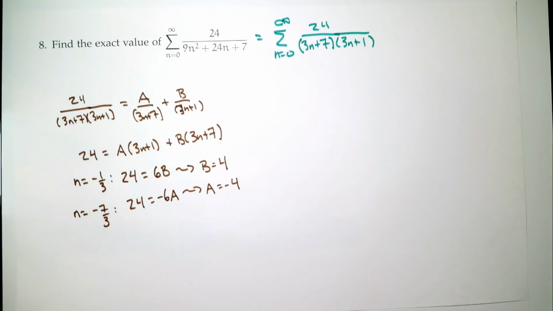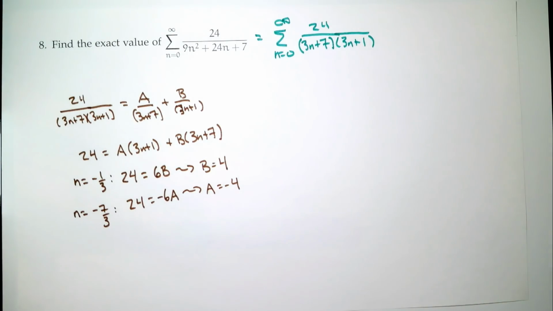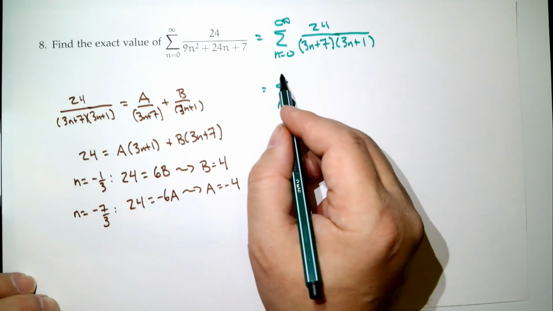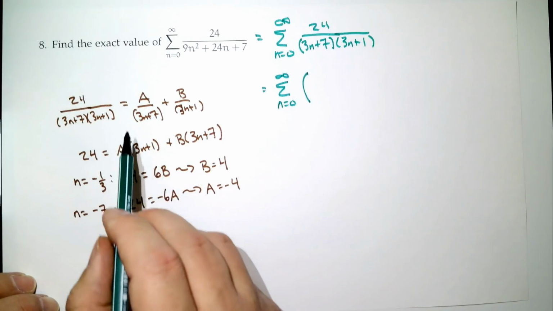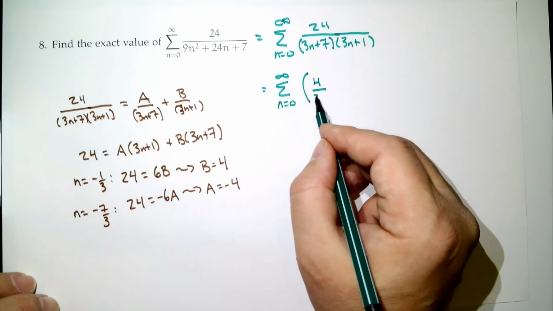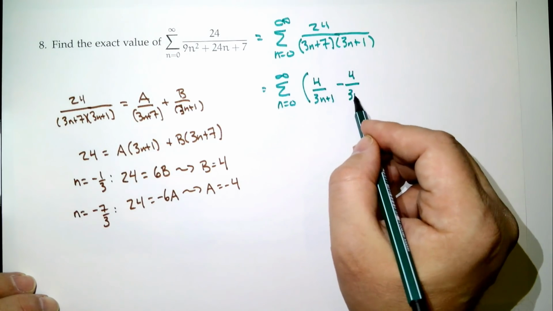All right. So we have then, going back to our sum, switch back to green here. So that says that our sum becomes the sum n equals 0 to infinity of, I'll swap the order so I have the positive one first. So 4 over (3n plus 1) minus 4 over (3n plus 7).